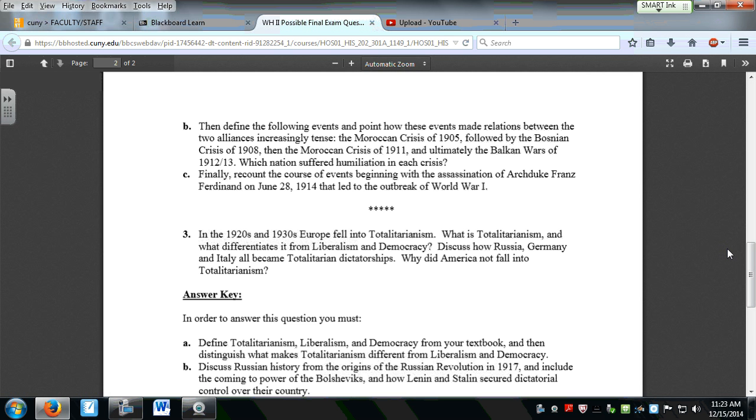That is chapter 28, which I believe is entitled Imperialism and World War I. When you are looking through that chapter for your answer to question 2, remember that chapter deals with imperialism, the conquest of Africa, as well as the origins of World War I. Don't waste your time narrating the series of events leading to the conquest of Africa, because that is not part of question number 2, even though it's in chapter 28.